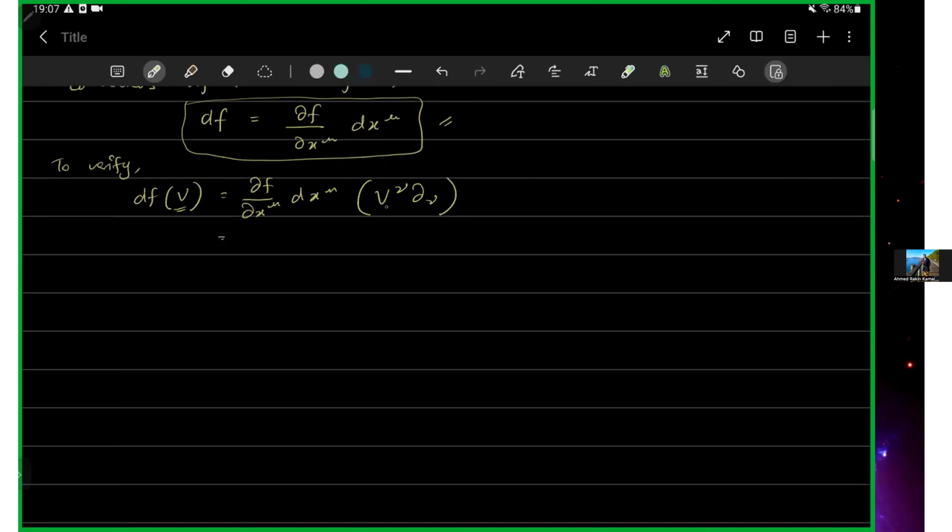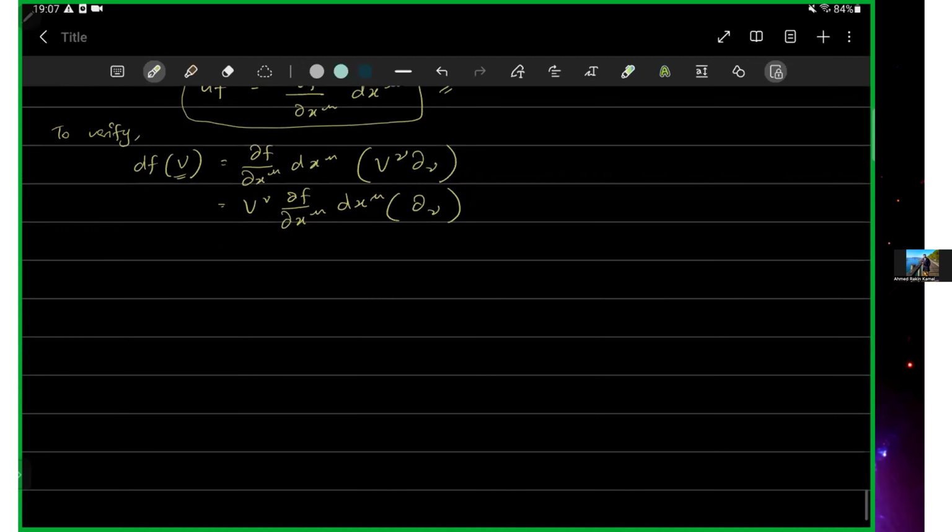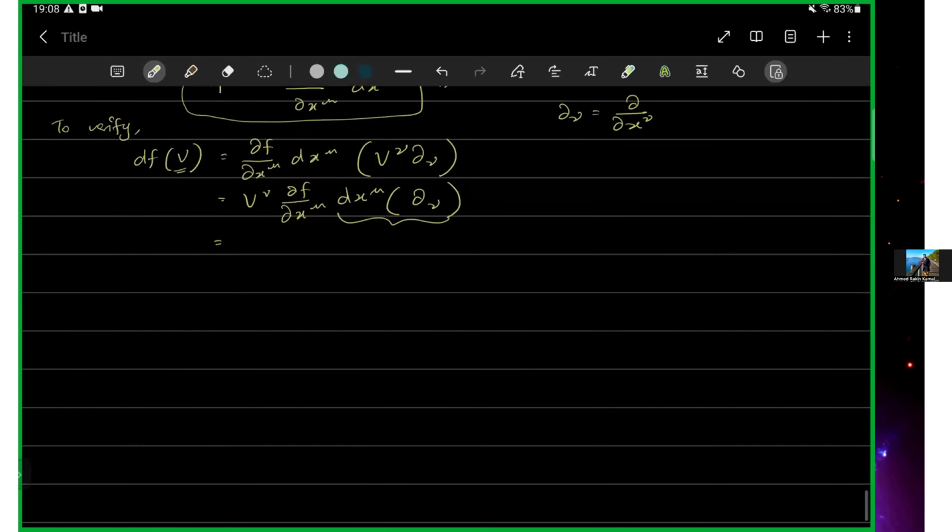So in this case, I can take the component v nu out. So in that case, I would have something like this, del f del x mu dx mu acting upon del nu. So you remember what del nu was? It was essentially a partial derivative over x nu, right? So in that case, I can have this amount to the Kronecker delta, only giving 1 when mu and nu are equal, and 0 if mu and nu are not equal, right?